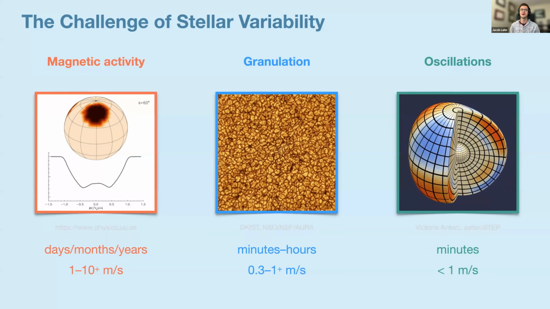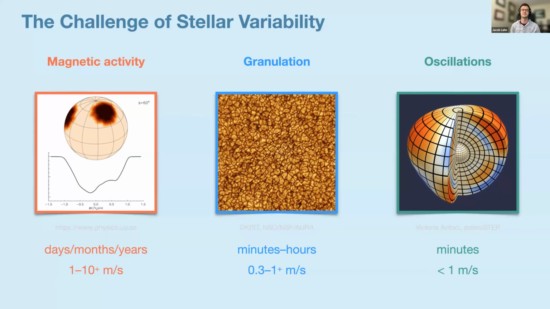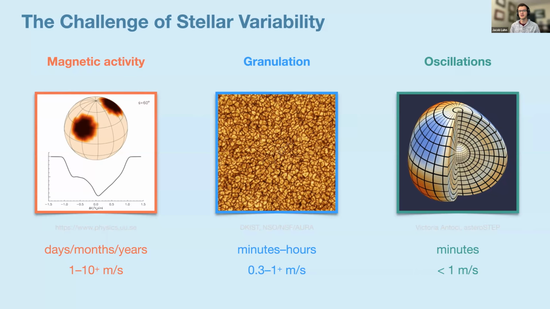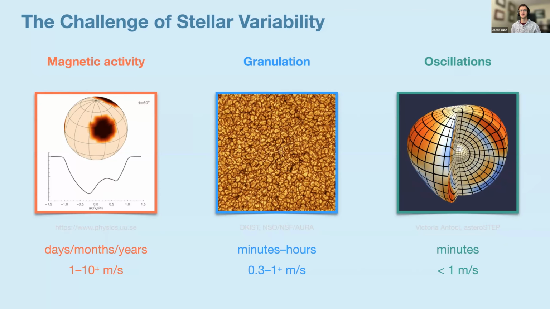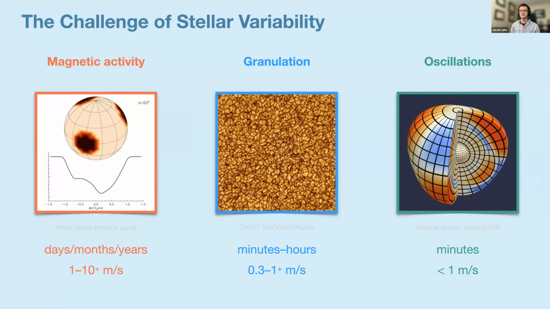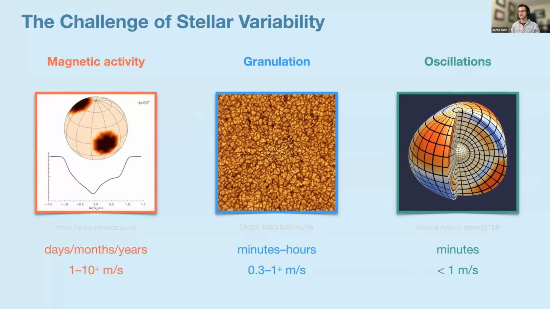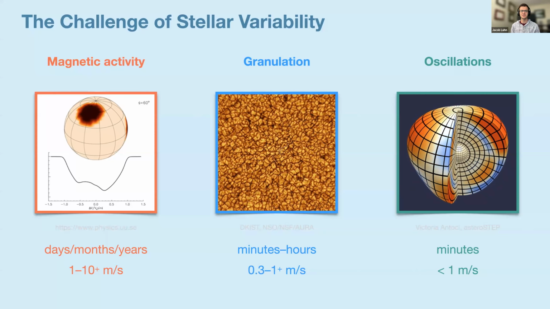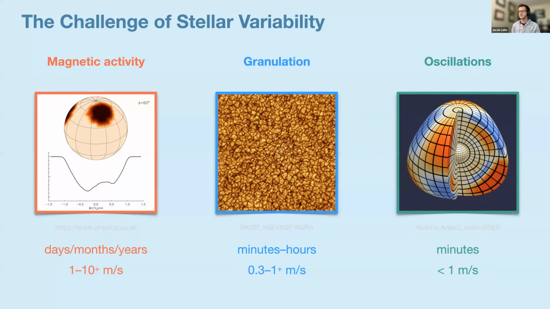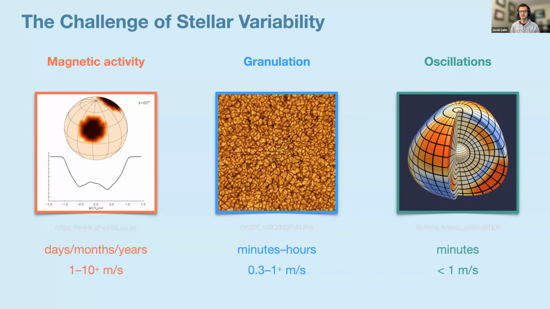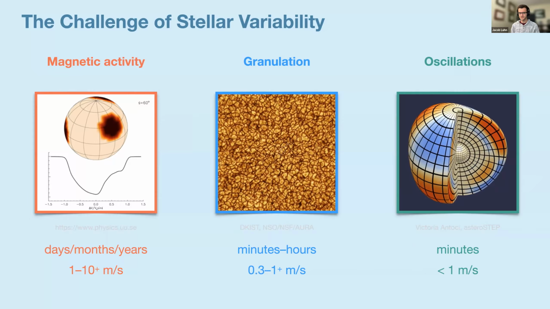And these are pressure-driven waves from convection that then travel throughout the interior of the star and create these surface deformations that then imprint themselves into the radial velocities that we measure. And this happens on a characteristic timescale, usually of order minutes for the dwarf stars that we often think about, and at amplitudes usually less than about a meter per second.